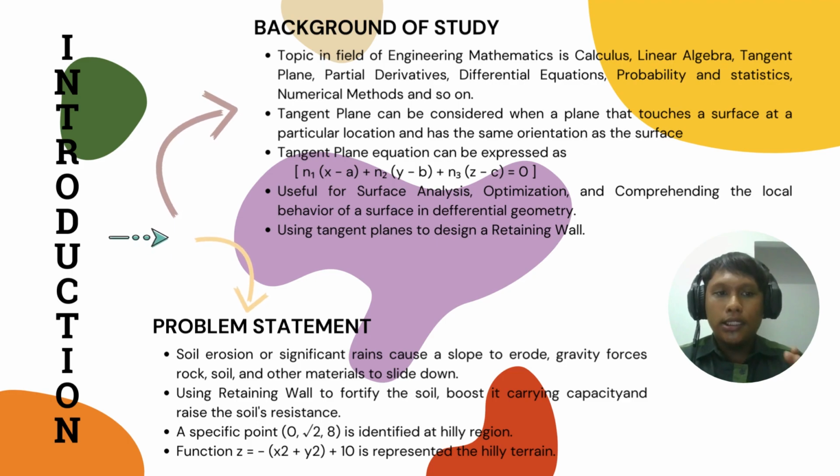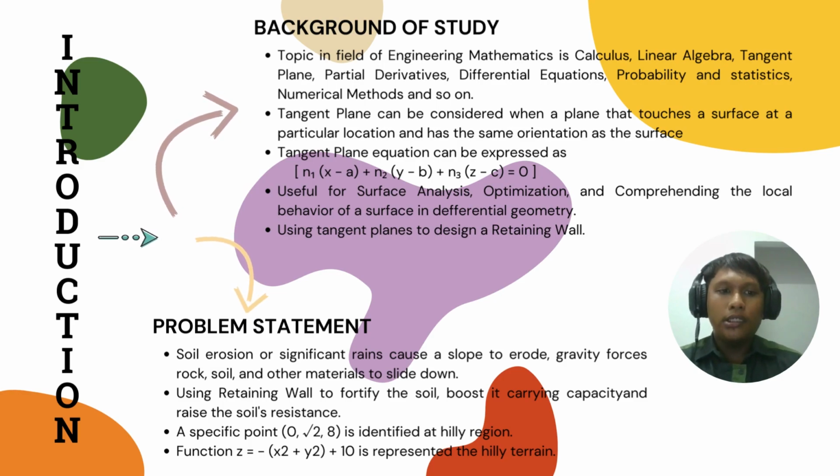Next, the tangent plane equation can be expressed as n1 in the bracket x minus a, plus n2 in the bracket y minus b, plus n3 in the bracket z minus c, equal to 0.